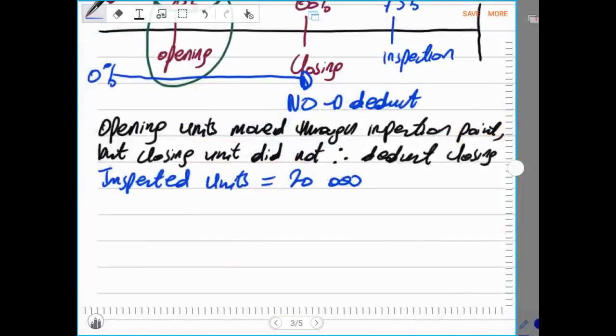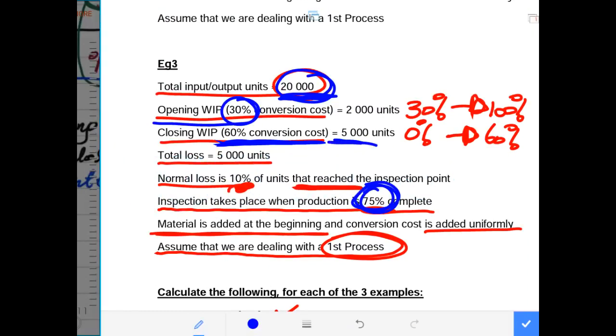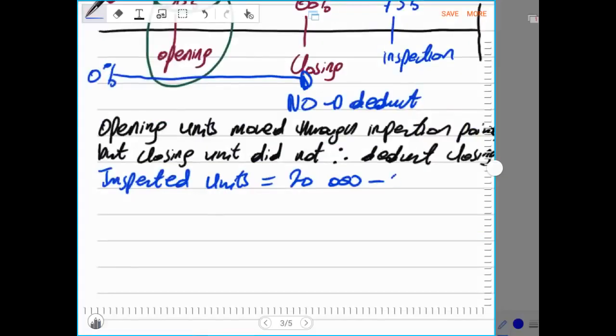We deduct our closing units, which is 5,000 units, less 5,000, then that will leave us with 15,000 units to be inspected.